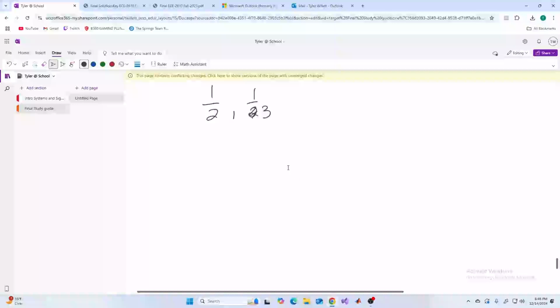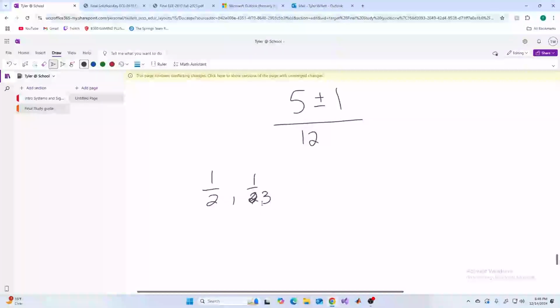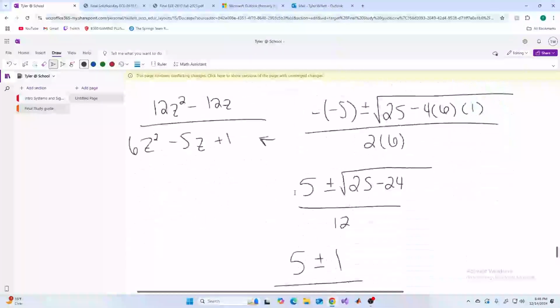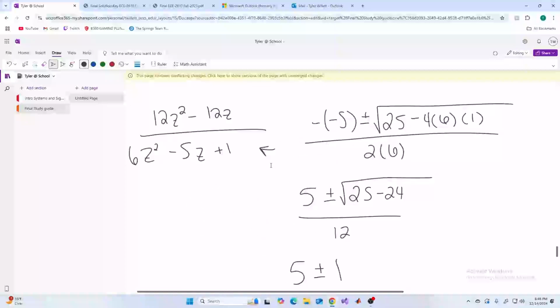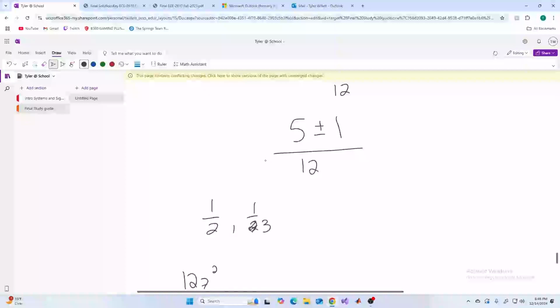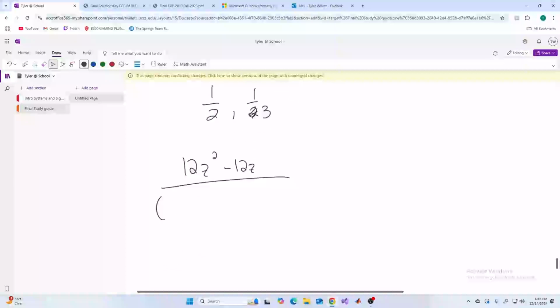Perfect. Let's plug those values in. These are my answers, and I can plug them in. I'm so sorry. 12z squared minus 12z all over z minus 1/2, z minus 1/3. Well, what exactly did we solve for?